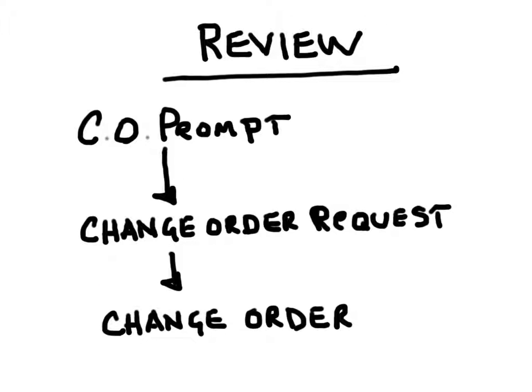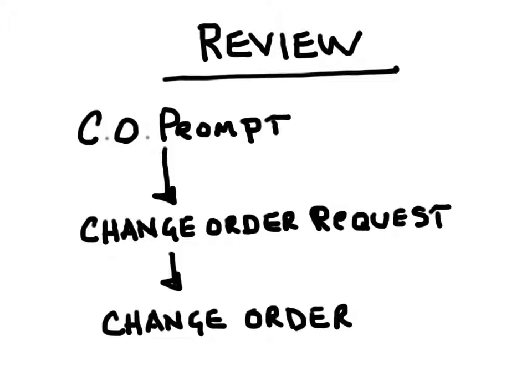So in review, a change order prompt starts the whole change order process. Once a change order prompt is issued or received by the contractor, then he is obligated to assess the original agreement against the change to determine if there's anything that changes with regards to scope, price, schedule, or contract terms.